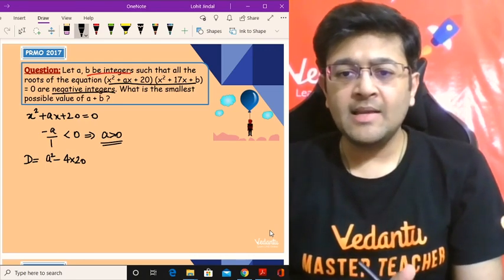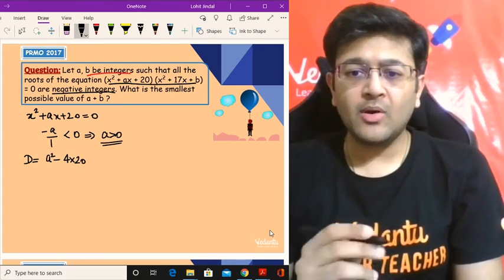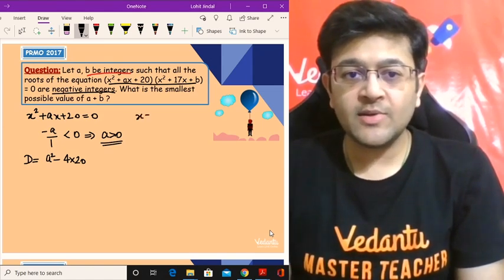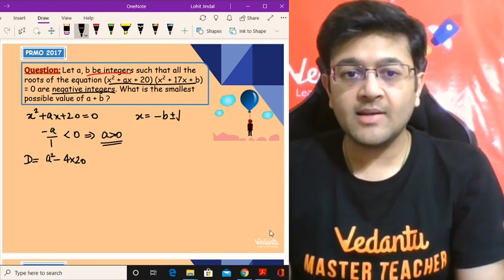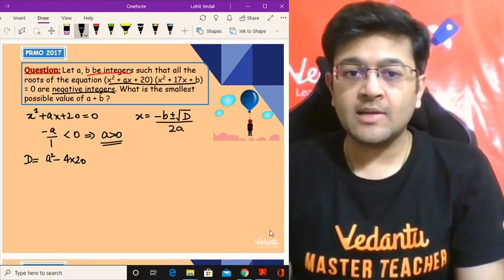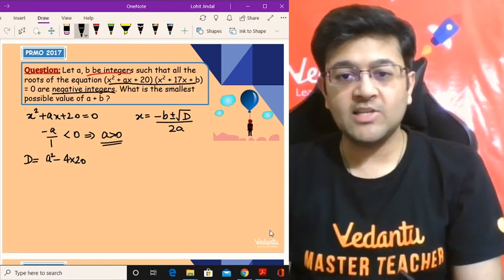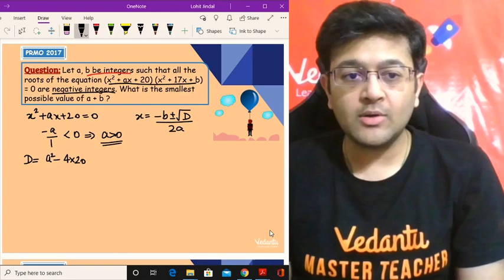So why am I writing D, the discriminant, here? Because the general expression for the root is minus b plus minus root D by 2a, right? For this to be an integer, D should be a perfect square. So from there we get one condition. So let's try it out.